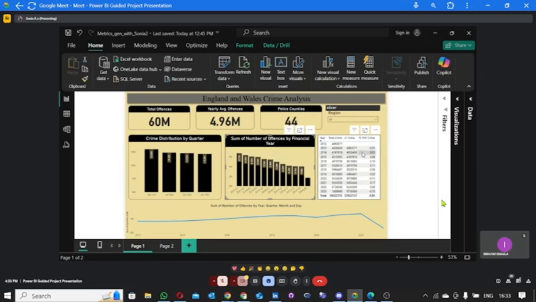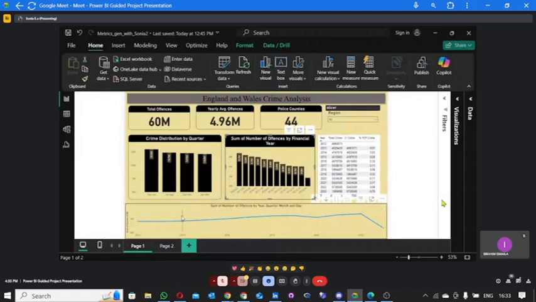But the overall percentage change in crime between 2012 and 2013 was 0.03%, which is quite small, but at least it didn't increase, but it can be better.